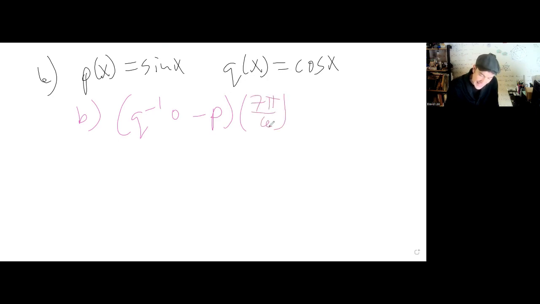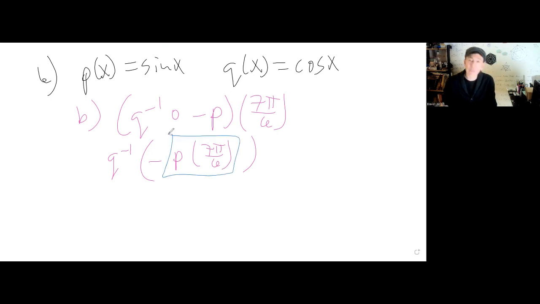So let's rewrite this as Q inverse of negative P of 7/6. I want you to focus only on the blue. Turn the blue into a number. The blue says to plug this fraction into P right there and right there.